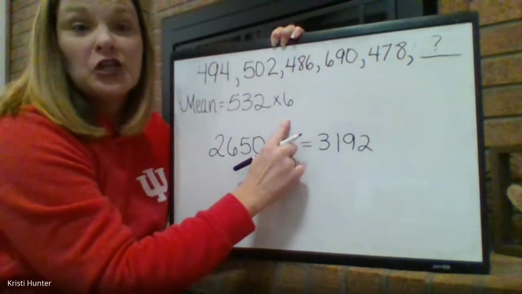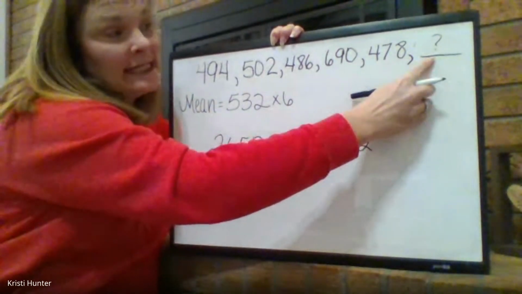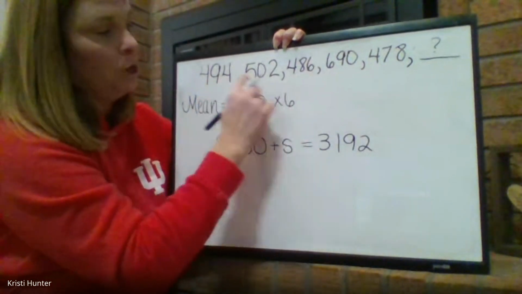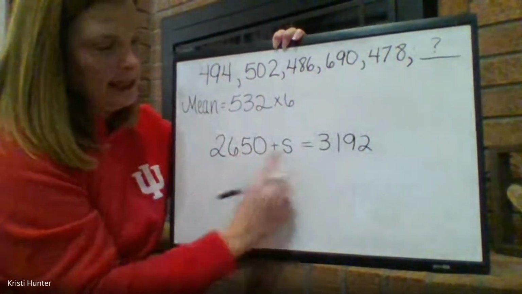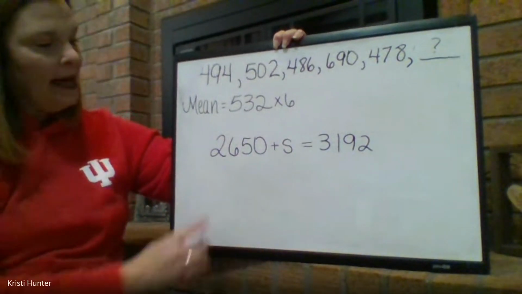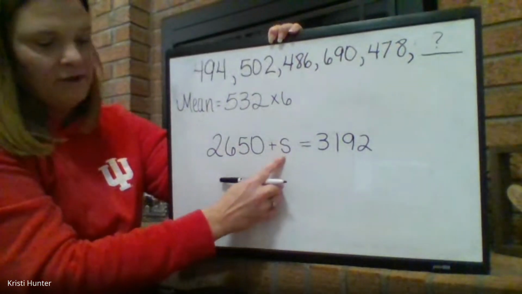So I'm going to do the opposite today. To find the missing value of my data set, I'm going to multiply the mean by my total numbers, which was 6, and I have 3,192. So Mallory, here's my equation. How do I solve for this missing variable?